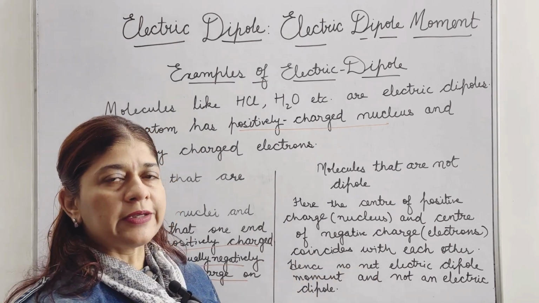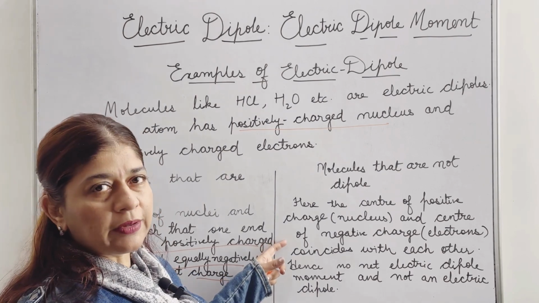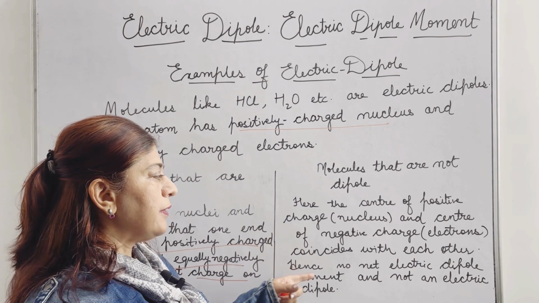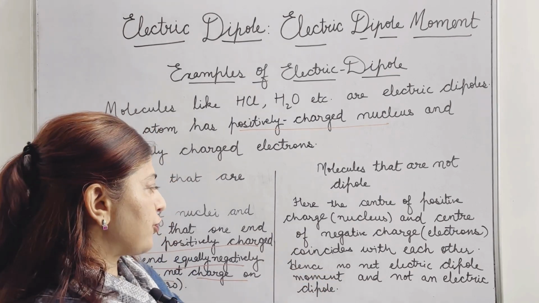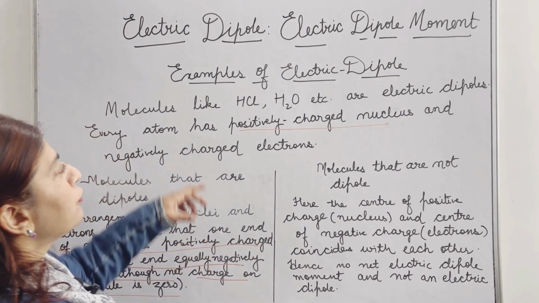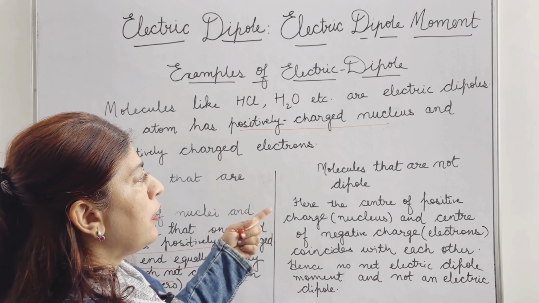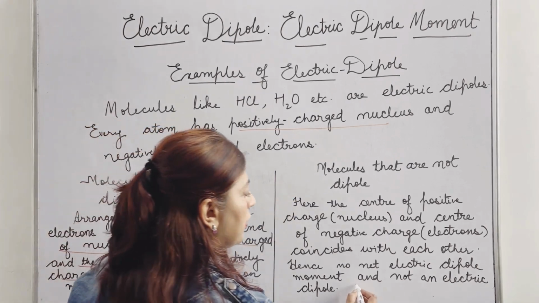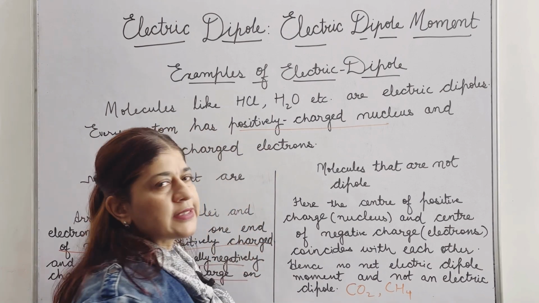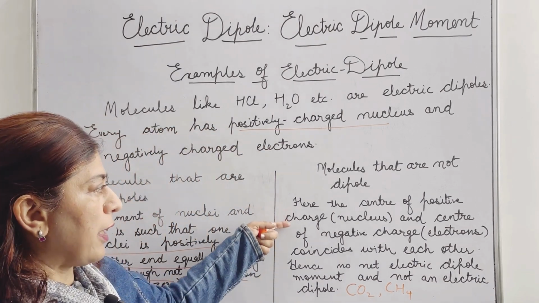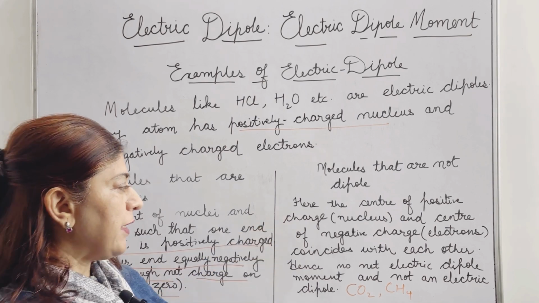Electric dipole moment is the product of the charges and the distance between them. Here the distance is zero, so they do not have any electric dipole moment, and that is not an electric dipole. Examples of dipoles are HCl and H2O, and examples of molecules that are not dipoles are CO2 or CH4. The negative and positive centers of charge coincide, hence these are not dipoles.